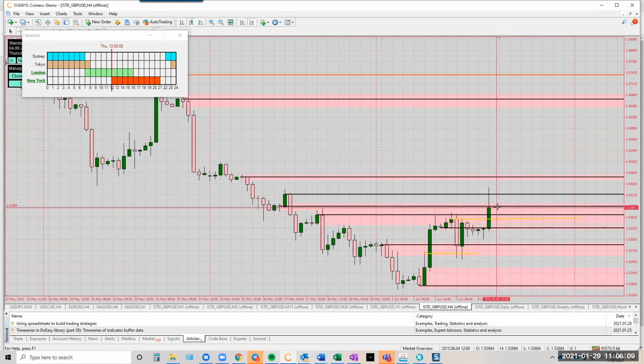If I'm correct, this is going to go back down to this key line where it should revisit the key line it came from, which would be 52 cents. I don't know if I trust that, but at the very least, I can expect it to go there because there's going to be a rejection. We're at the start of New York time.